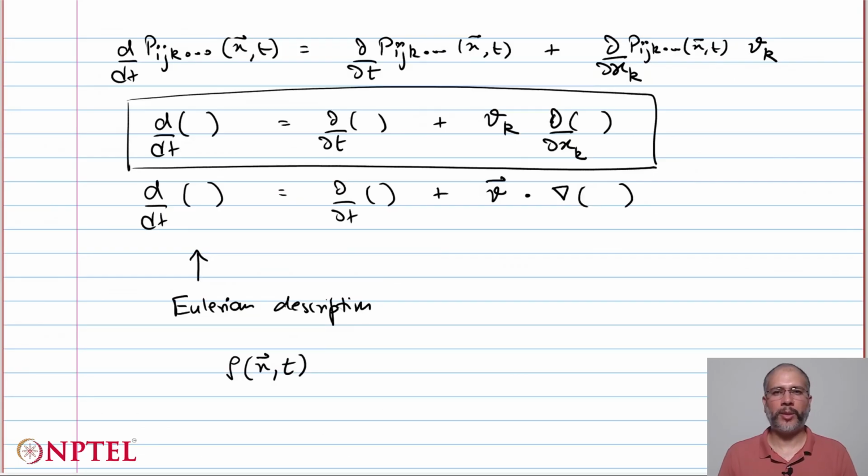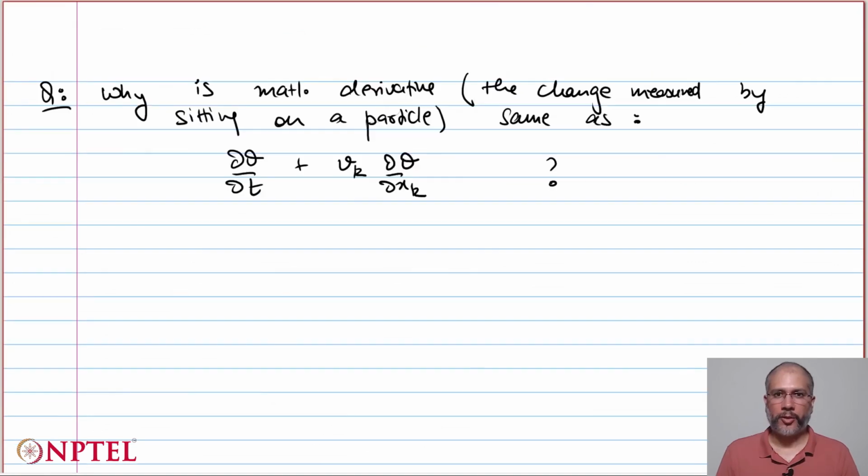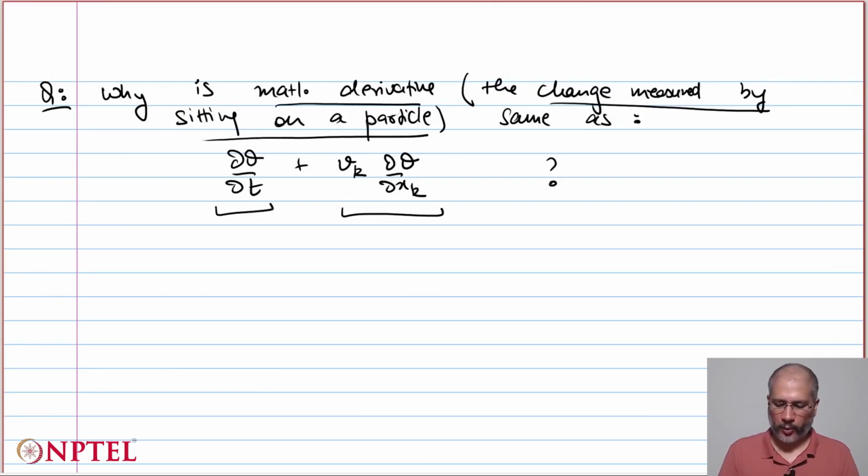But today we will show you a proof of why it is the case that the material derivative is the sum of the local rate of change and the convective rate of change. So this is the question we have: why is it the case that the change that is measured by sitting on a particle, which is the material derivative, is the same as the sum of the local rate of change and the convective rate of change?